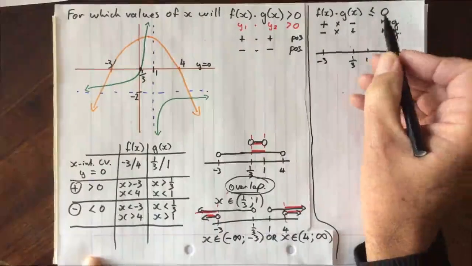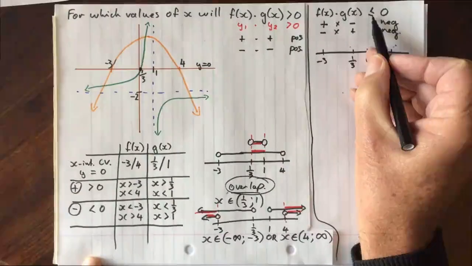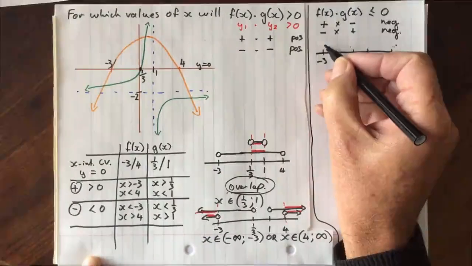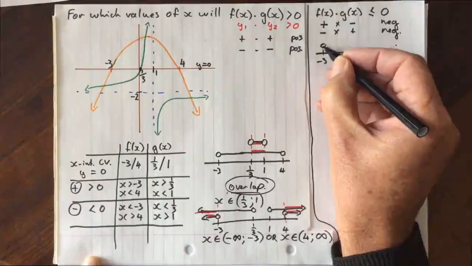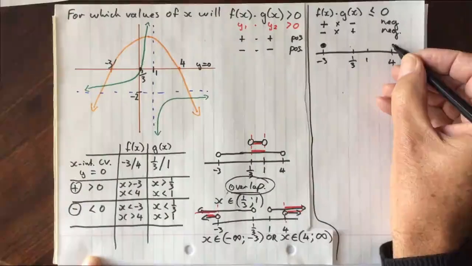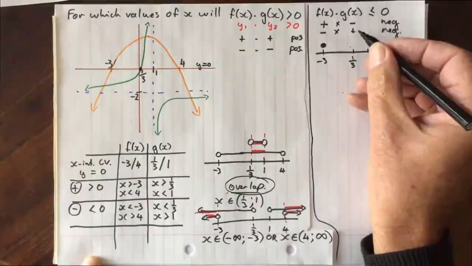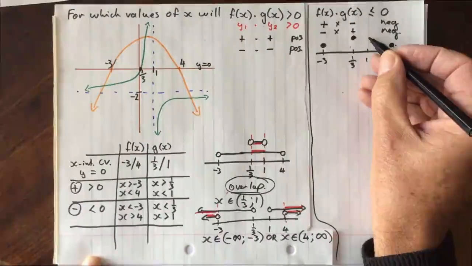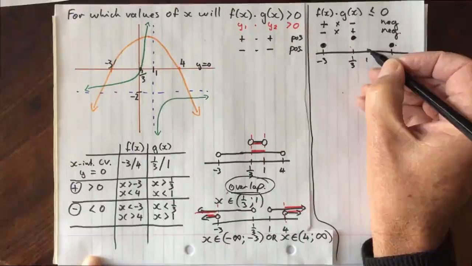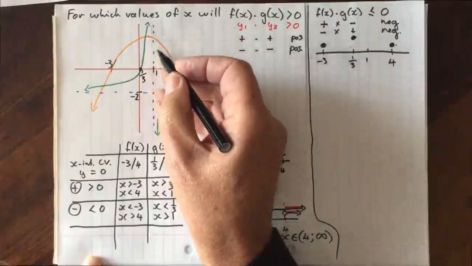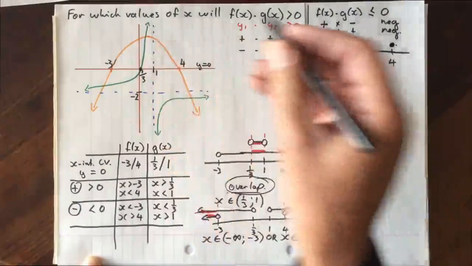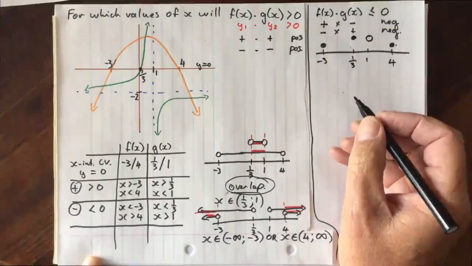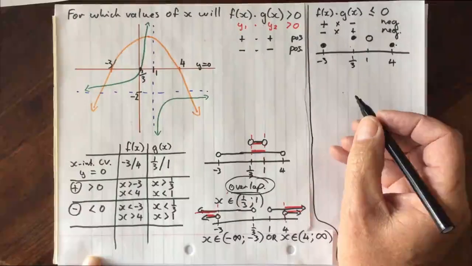Now we're working with less than or equal to, so that means that our values will be included, meaning the -3 will be included, the 4 will be included, and then also the third. And wait, the 1 cannot be included because the 1 represents this asymptote over here. So we still need to exclude 1 as well. That is very important.